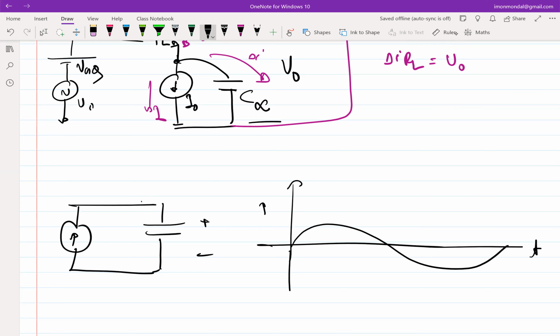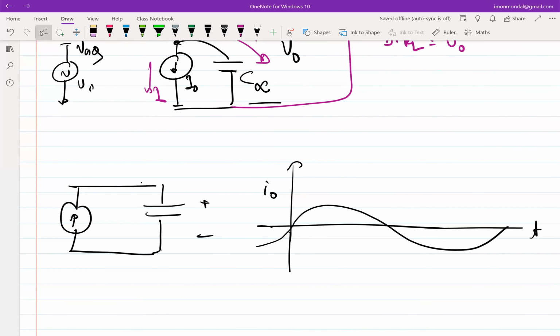This is I naught. So what does the capacitor do? The capacitor integrates the current and develops the voltage. So this will get integrated. If I start from t equal to 0, it will integrate and reach a maxima here and go to a minima here, and this will repeat. And this difference will be the amplitude of the voltage across the capacitor.